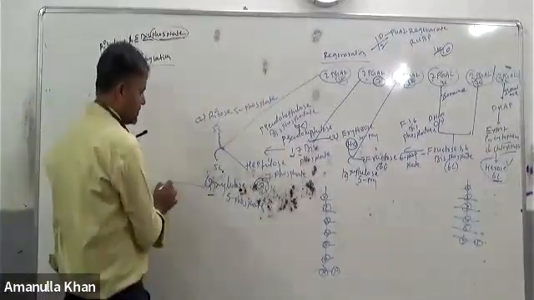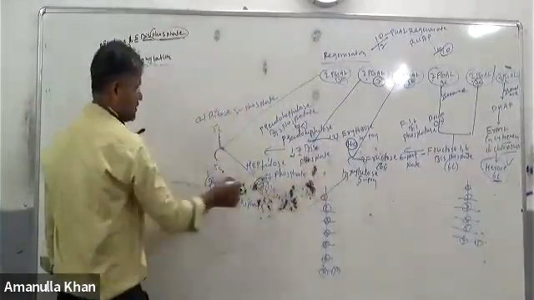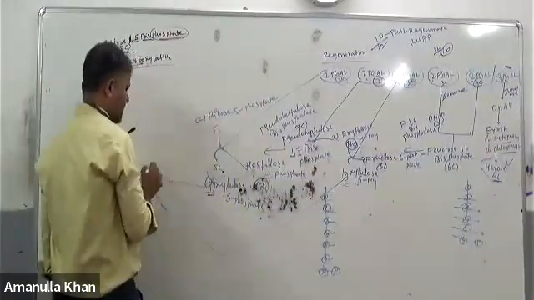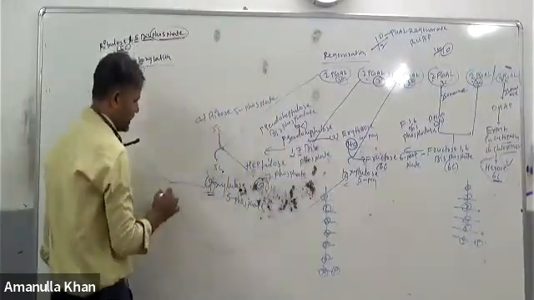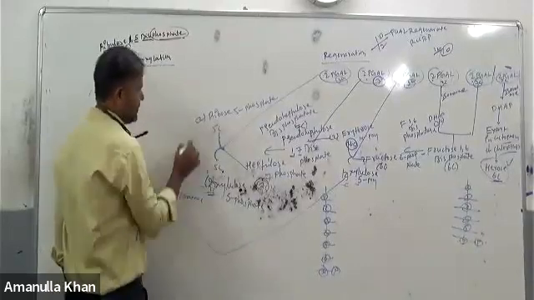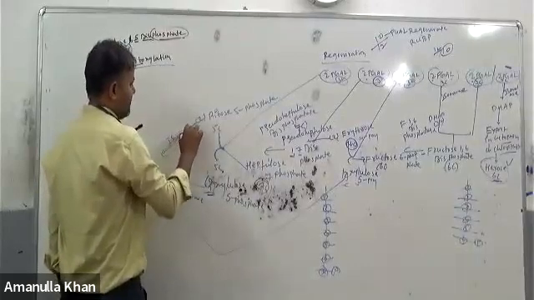These 2 molecules of xylulose and these 2 molecules of xylulose undergo which reaction? Epimerase reaction, and this ribose undergoes isomerase reaction.